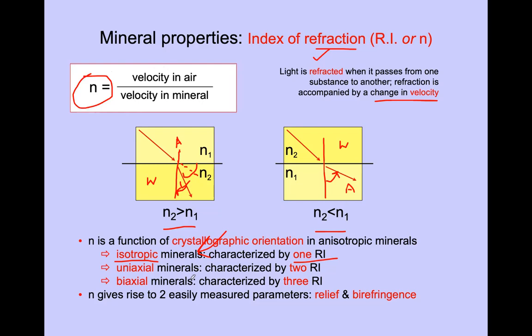For uniaxial minerals, there will be two refractive indexes because they have two directions for the splitting of light, and the behavior that makes this change in refractive index. But biaxial minerals will have three refractive indexes, based on their light passing through the mineral.